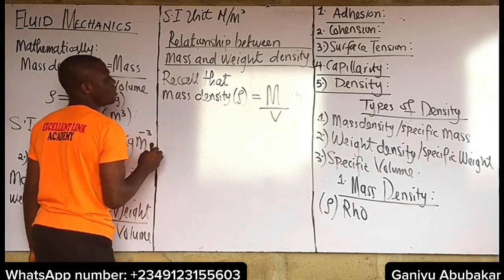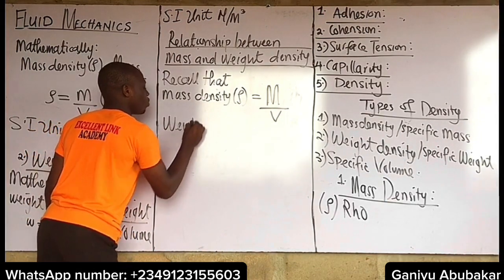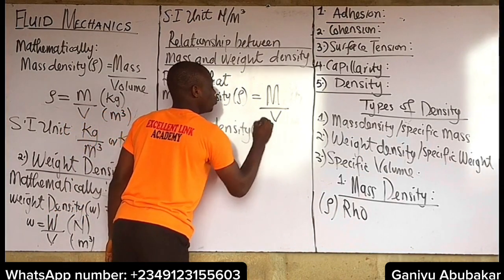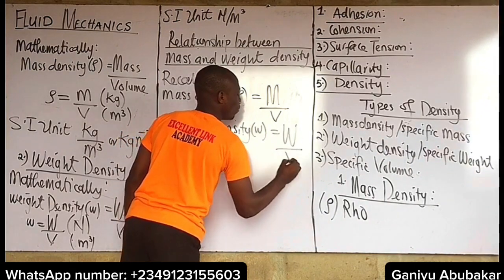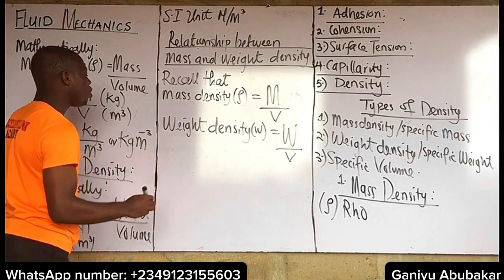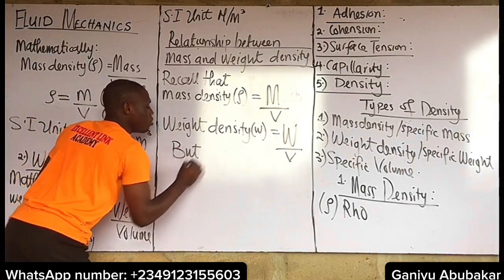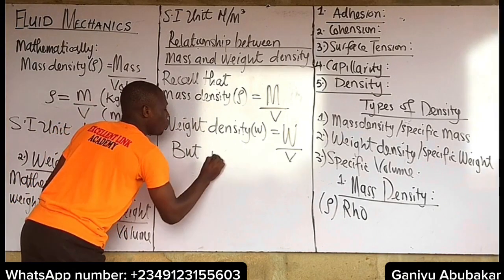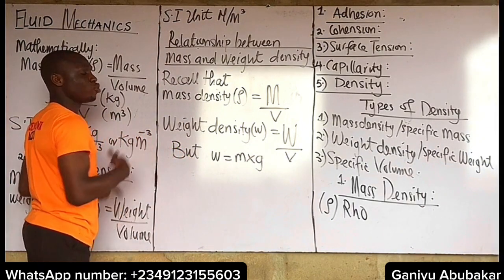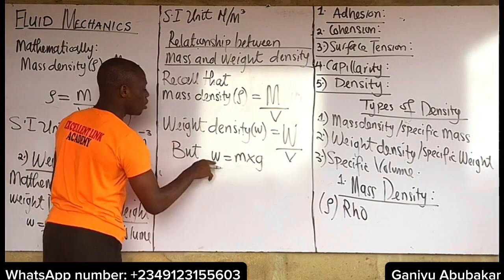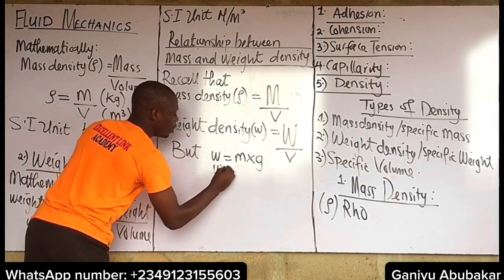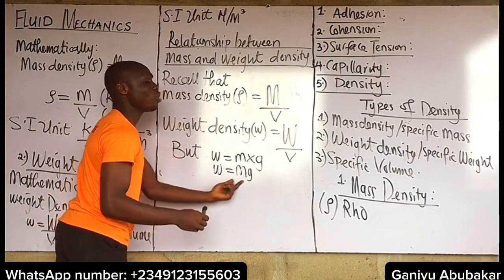Also, recall that we said weight density, small w, is equal to total weight over volume. From Newton's second law of motion, we know that weight is equal to mass times gravity. So weight is equal to mg, from the second law of motion.